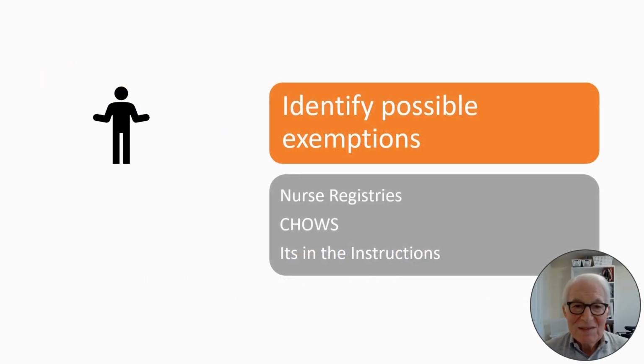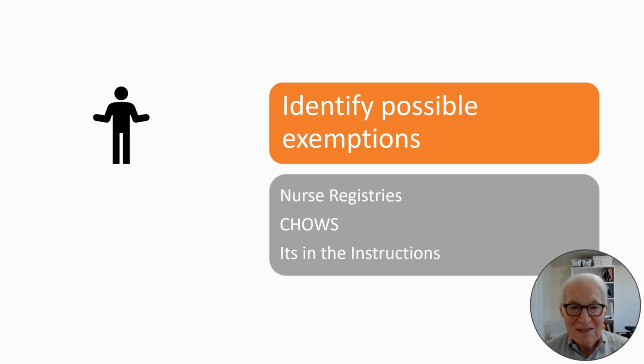Before delving into the analysis, let's take a moment to identify some potential exemptions. While these scenarios are not explicitly stated in the statutes, they're recognized in practice and aligned with the instructions. Nurse registry. This requirement is not mentioned in the instructions.